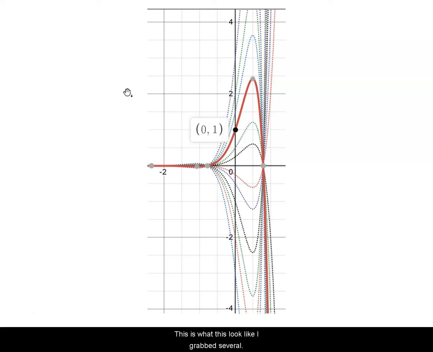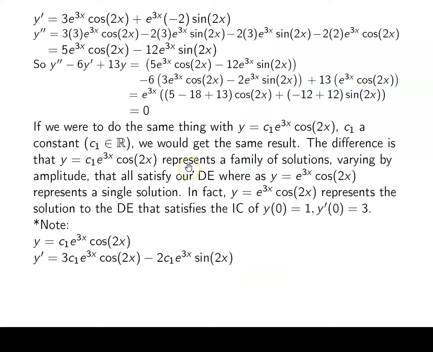Okay, so now if we were to look at this as a graph, this is what it would look like. I grabbed several potential solutions, all varying by an amplitude. Obviously here I'm multiplying by maybe c1 equal to 1/4, maybe 1/2. This one is probably times 2, times 3/2, times root 2, times pi, whatever. But our particular solution, our specific solution that goes through the point (0, 1), is the solution that I have here.